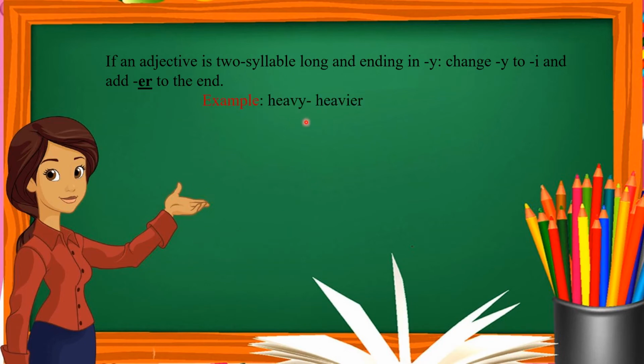What is the final letter or the ending letter of the word heavy? Yes, y. Here, if an adjective is two-syllable long and ending in y, what do we do? Yes, change y to I, like this one. This is the y. Change y to I and add er. Here's the er. Okay? Next.